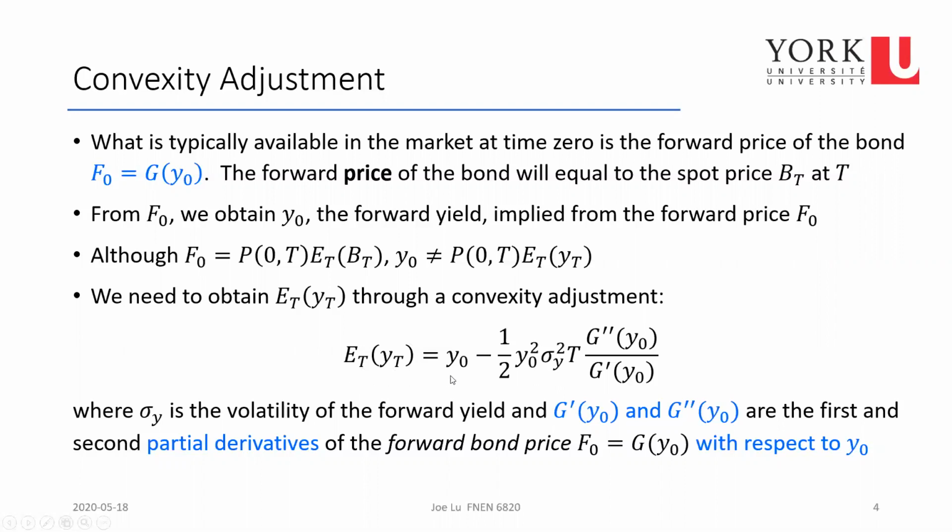And the adjustment would take this particular form, where sigma_y that's used here is the volatility of the forward yield, and G' and G'' are the first and second partial derivatives of the forward bond price with respect to Y_0.